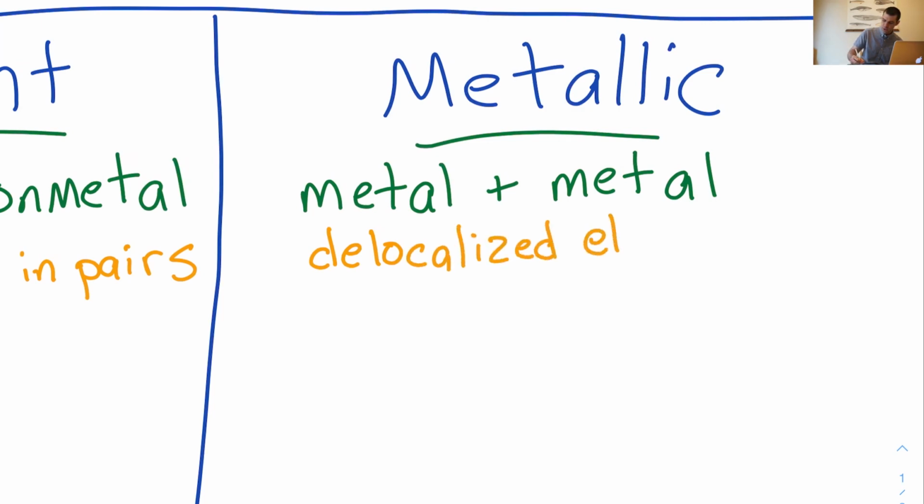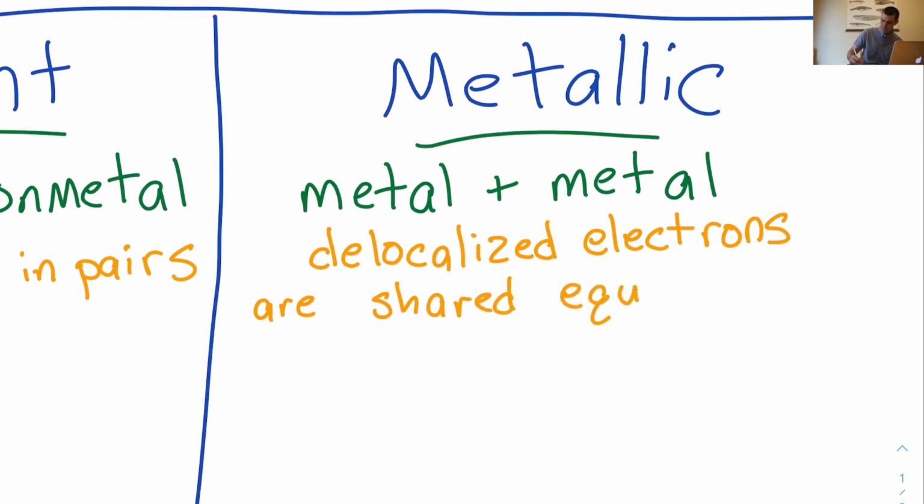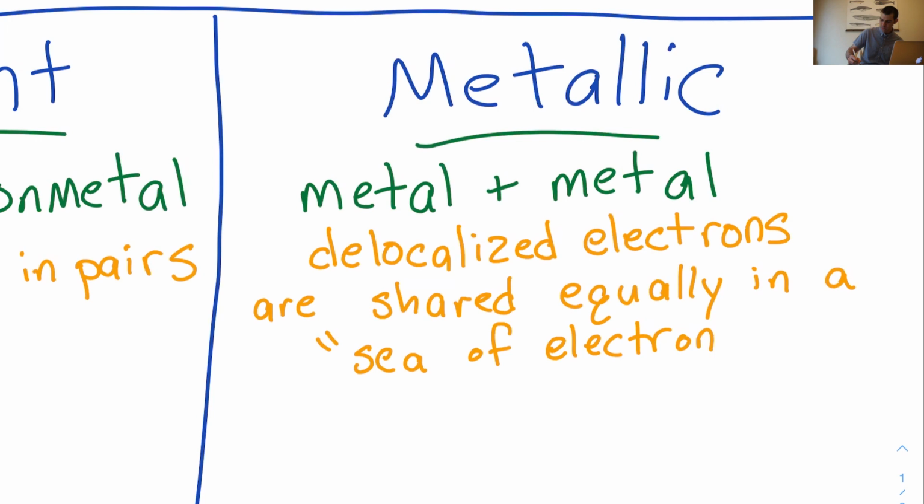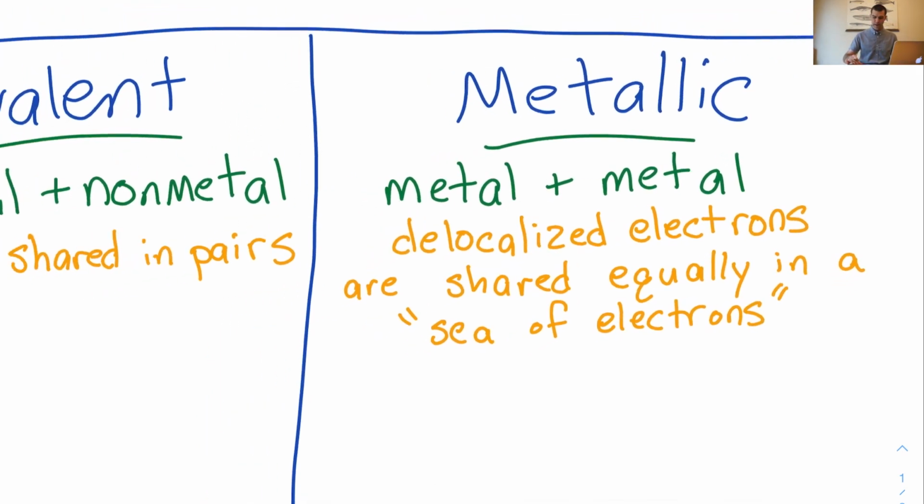All right, delocalized electrons in a metallic bond, they are shared equally in a sea of electrons. A sea of electrons.